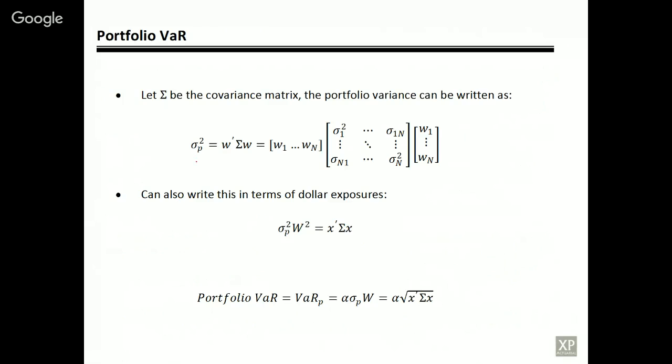So then we can also write this in terms of dollar exposures, or dollar amounts. We just take the portfolio variance and multiply it by our portfolio amount squared. And that gives us the matrix x prime sigma x. And then finally, the portfolio VAR is alpha times sigma p W. And we know that sigma p squared W squared is equal to this. So we can show that portfolio VAR is equal to alpha times the square root of x prime sigma x.